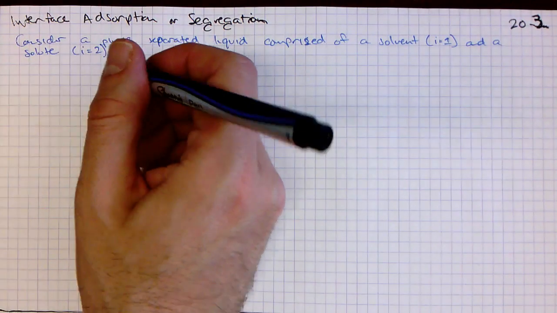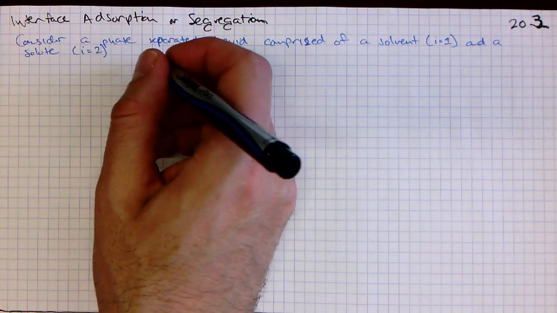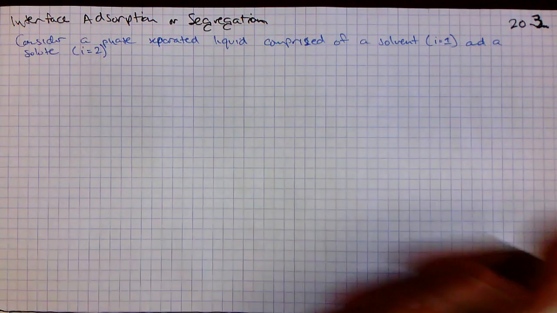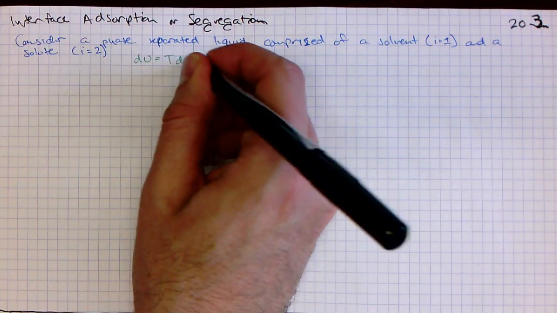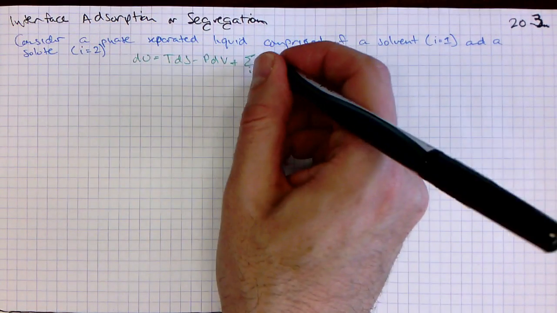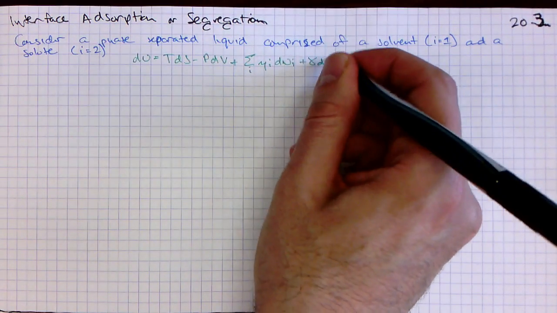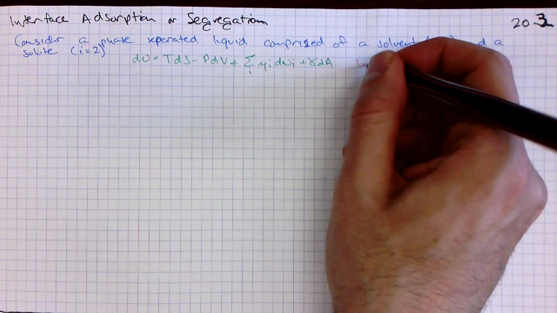Okay. So then we know that we can write down both our equation for the differential of the energy. So we have dU is equal to T dS minus P dV plus sum over all species mu_i dN_i plus gamma dA. And we can write down our full equation, right?